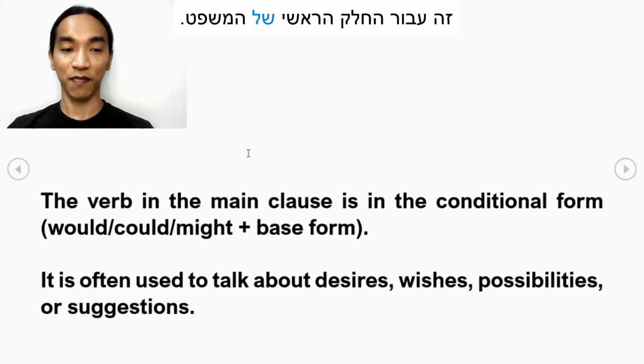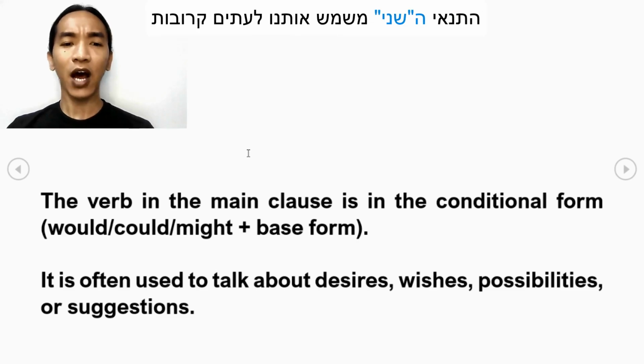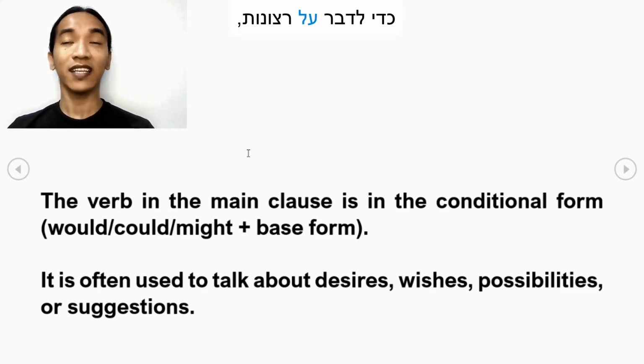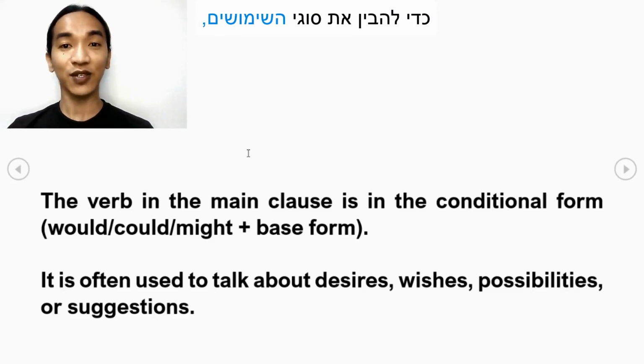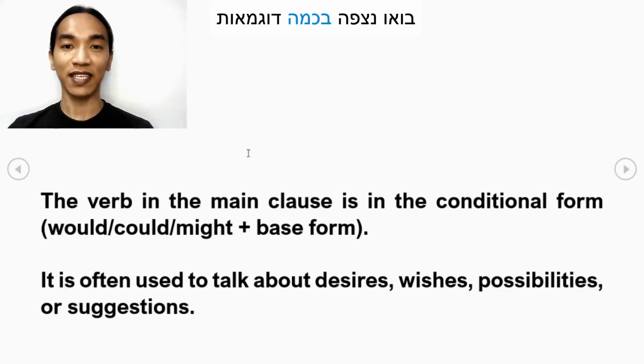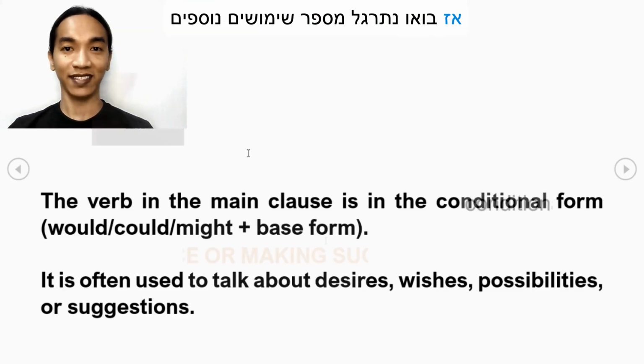This is for your main clause. Now, the second conditional is often used to talk about desires, wishes, possibilities, or suggestions. Now, for us to understand these usages, let's take some examples in the next slide.